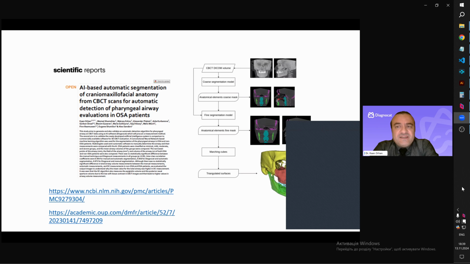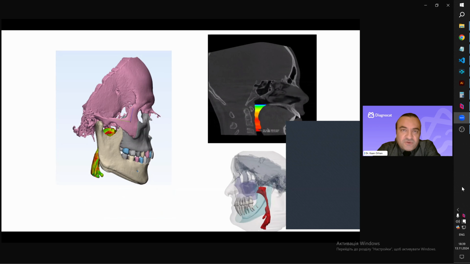Another scientific study that we have done using DiagnoCat: we made the segmentation of all this craniomaxillofacial anatomy as I already showed, but we also detected the pharyngeal airway in obstructive sleep apnea patients. In dentistry, we have these types of patients for which we need to know the airway volume and also the minimum and the maximum area.